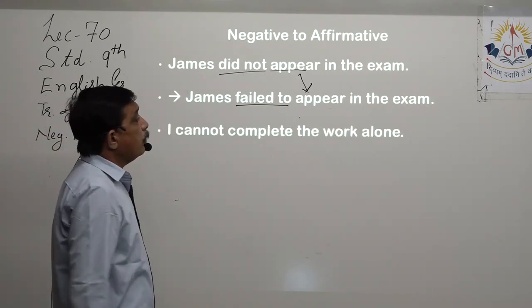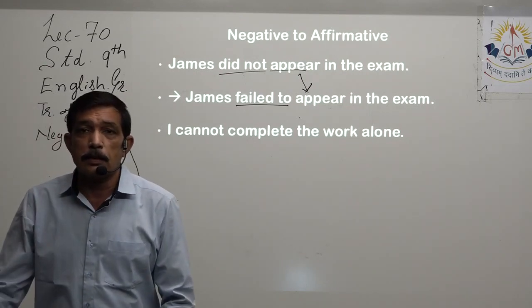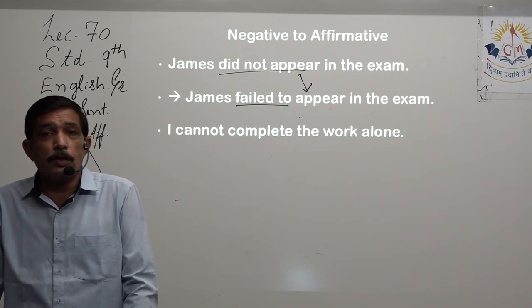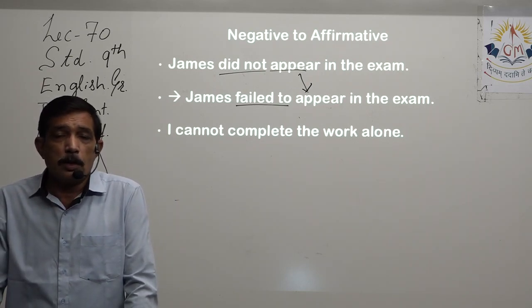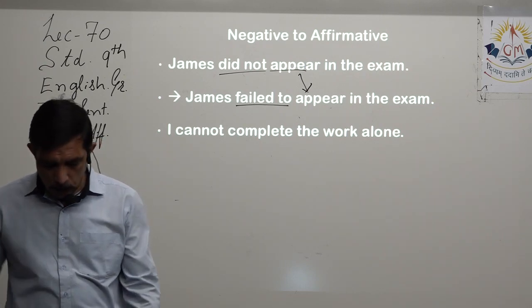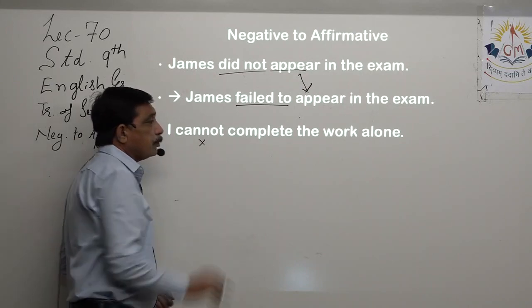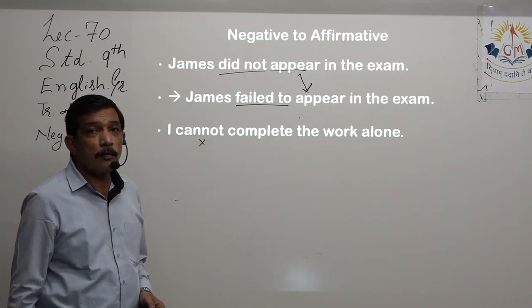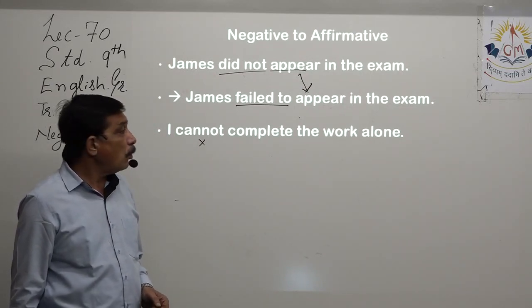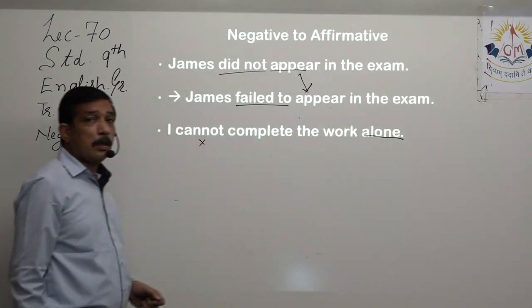I cannot complete the work alone is the next sentence. Please try to do it. I cannot complete the work alone. So we understand that we have to remove cannot first. But more important is the word alone.